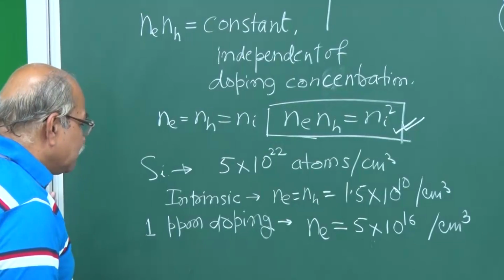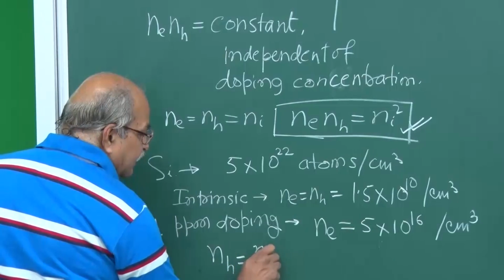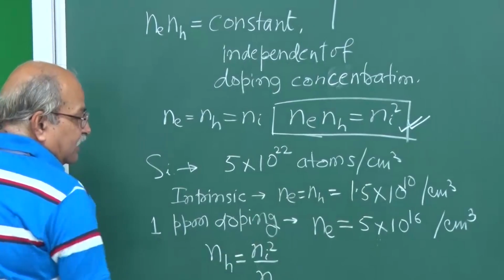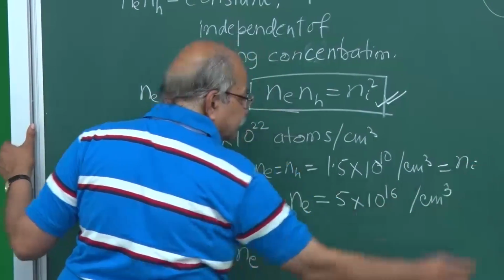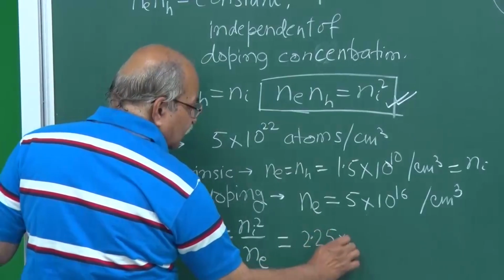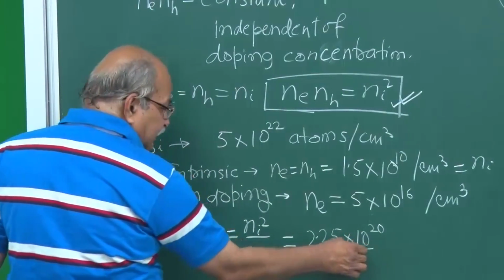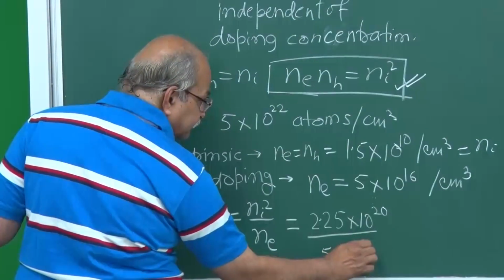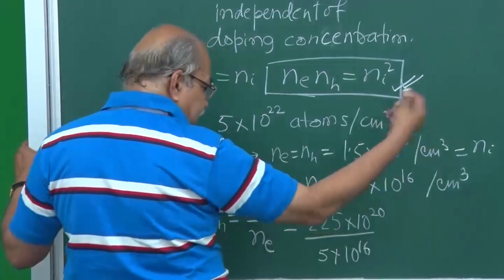So what is the number density NH, the number density of holes? That will be Ni square divided by Ne, because Ne into NH should remain Ni square. Ni square is 2.25 into 10 to the power 20, divided by Ne, which is 5 into 10 to the power 16, and of course per centimeter cube.